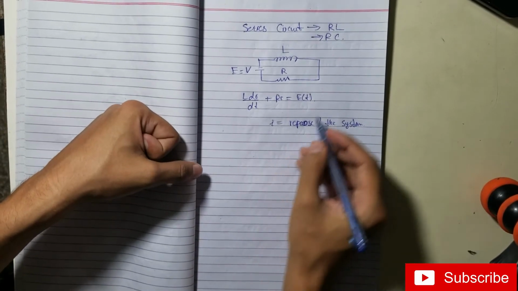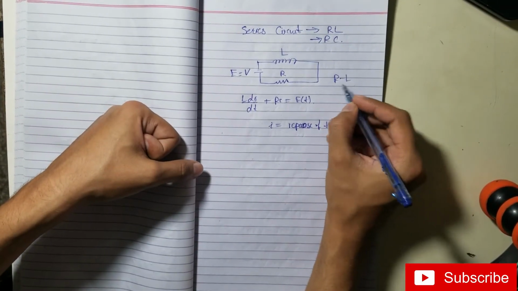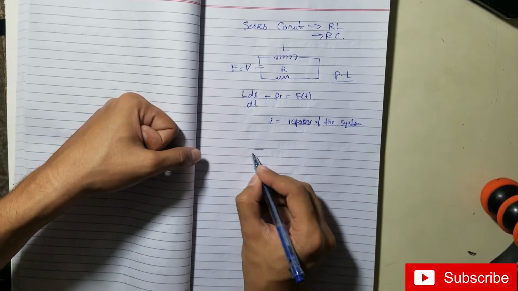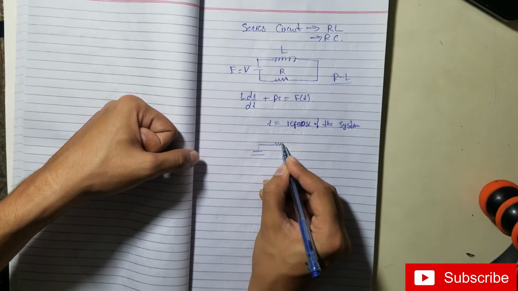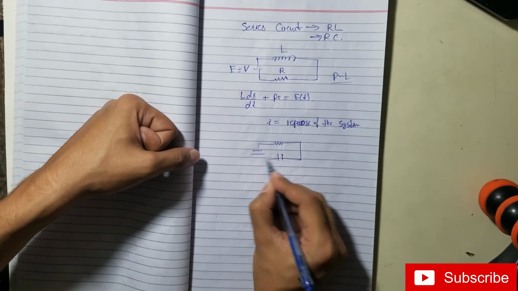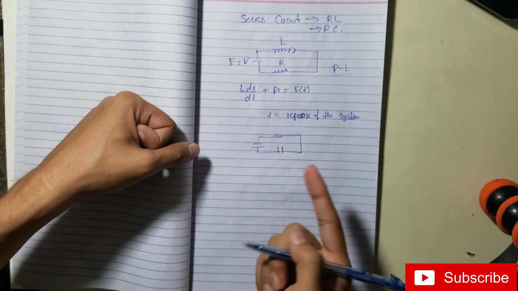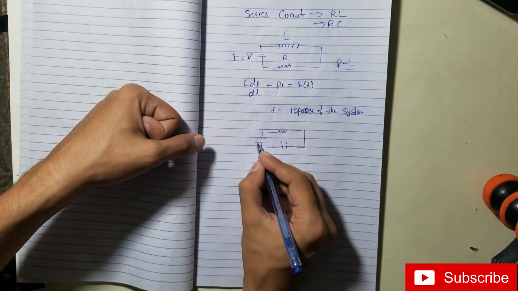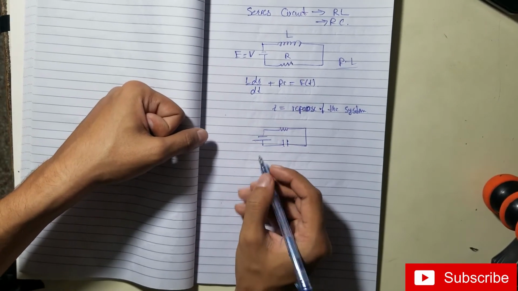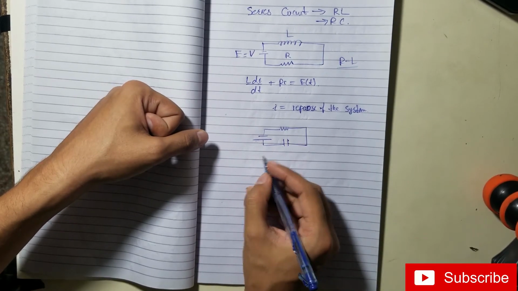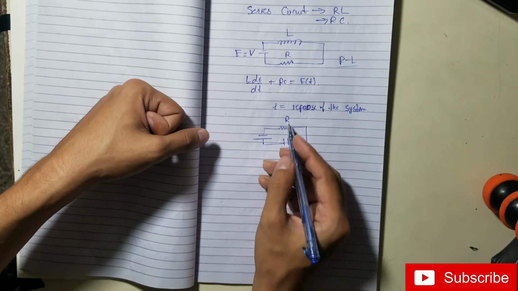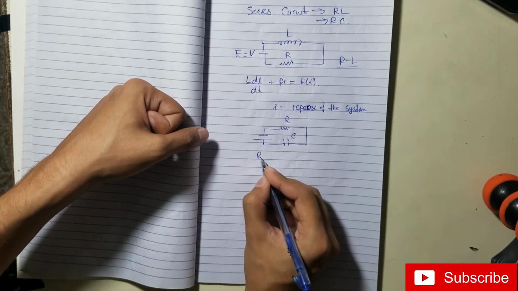This is for the RL series circuit, and now we will see the RC series circuit that consists of a resistor and a capacitor. The same Kirchhoff rules apply here. The voltage drop across the resistor and the capacitor will be equal to the voltage supplied by the battery. The voltage drop across the resistor is Ri.